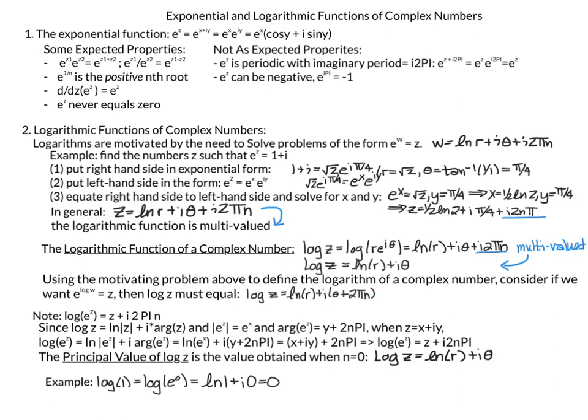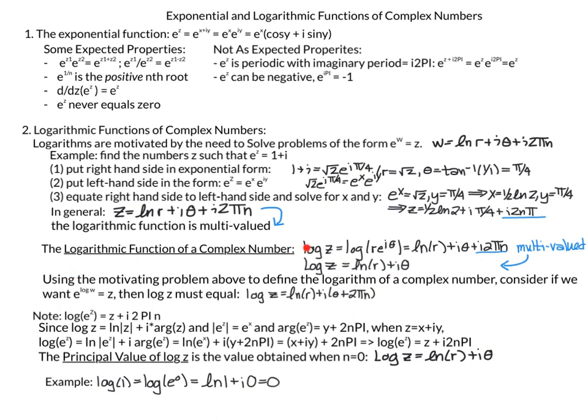So this came exactly from our motivating example. So using the motivating problem above to define the logarithm of a complex number, consider if we want e to the log of w equal to z, then log z, if we take the log of both sides, must be equal to natural log of r plus i theta plus 2 pi n.